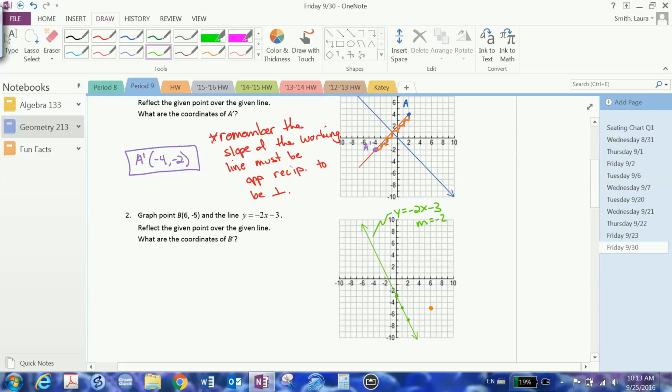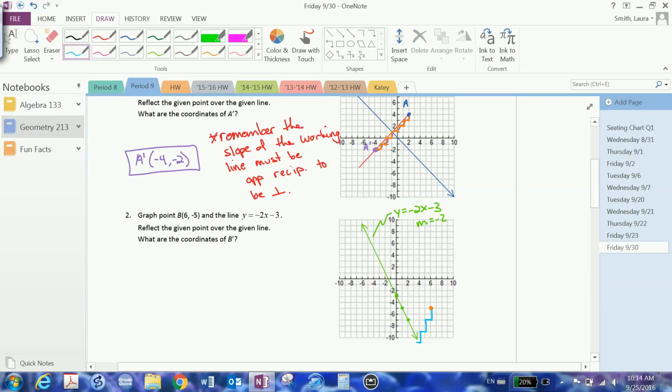So when I go to draw my working line, remember, if I'm doing a reflection over this, my working line has to be perpendicular. So my working line, I'm going to draw with a slope of 2. So from here, I would fall 2, run back 1, fall 2, run back 1, fall 2, run back 1.